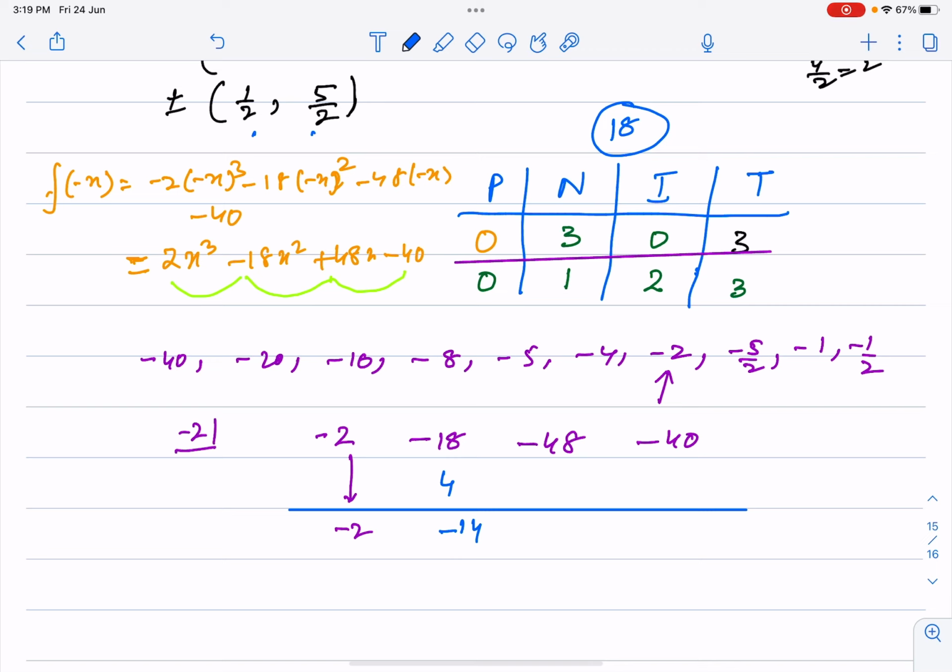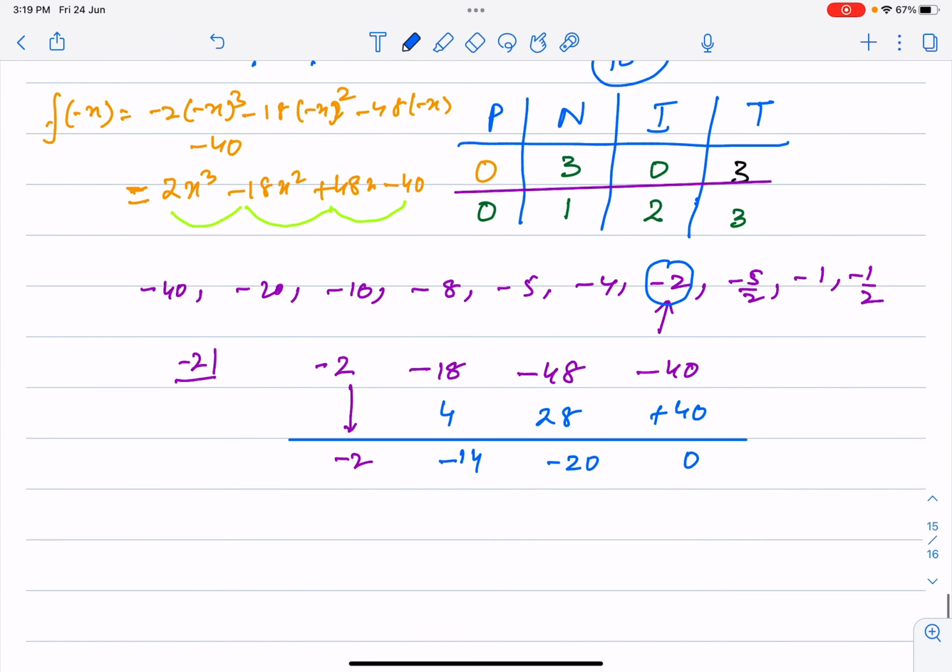Minus 14. Minus 2 into 14 is 28. So it is plus 28. Subtract minus 20. And this becomes 40. So 0. So 2 is our one of the roots. So, and this is a negative root.